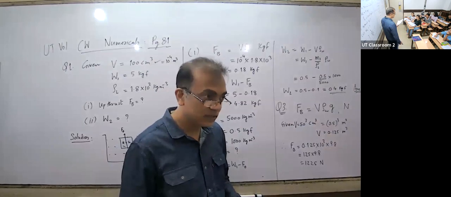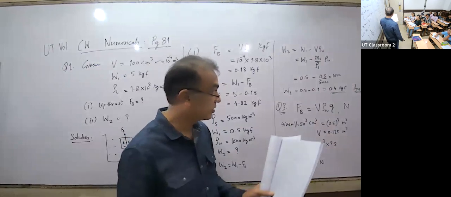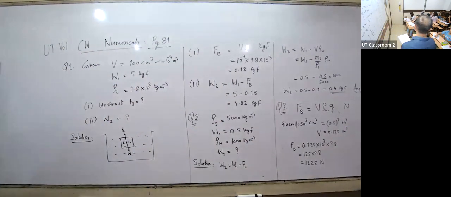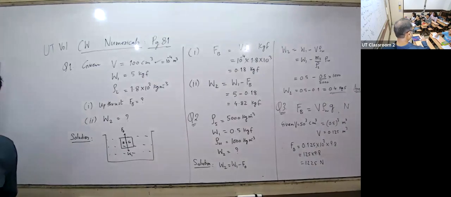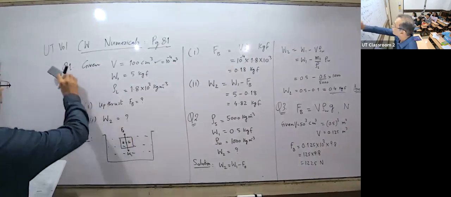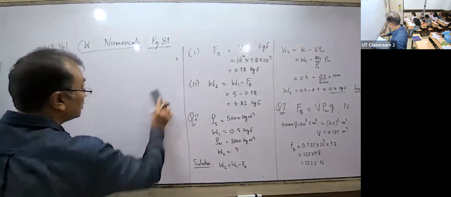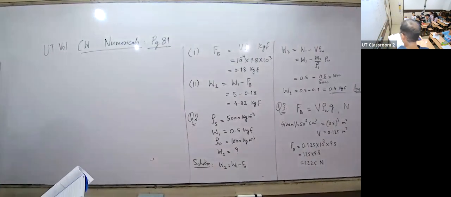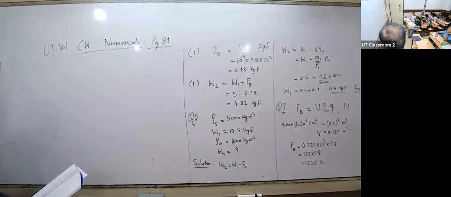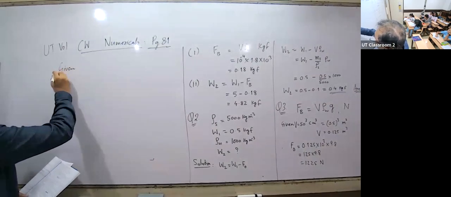This is the difference, so keep the difference. So force has got different types of units: SI, CGS and CGS gravitational also. Got it? Chalo. A piece of brass weighed 175 gram force. So we will write the given data. What is it?